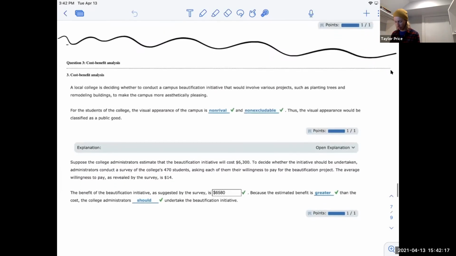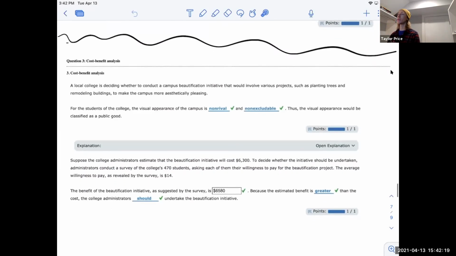The final question was looking at a cost benefit analysis. The college was trying to beautify the campus, and they found that the campus initiative would cost $6,300. To decide if it should be undertaken, they surveyed 470 students, and their willingness to pay, as revealed in the survey, was $14.